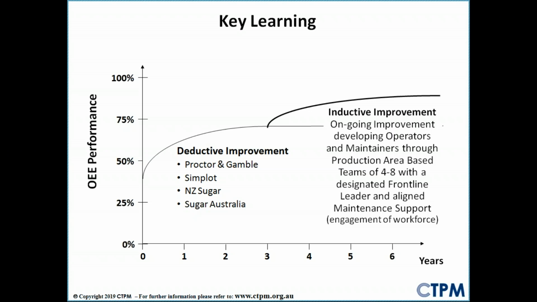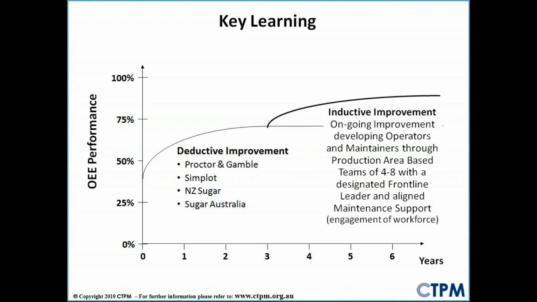That means a couple of hours every week where you stop the line and you go out and you go searching for the defects and taking corrective action on the defects. And this is about developing your operators and your maintainers, and it's all orientated around production area-based teams of 4 to 8 people with a designated frontline leader and aligned maintenance support.